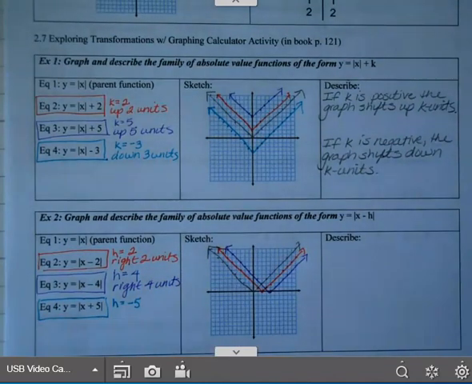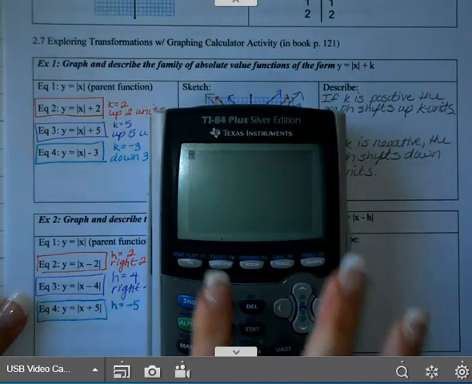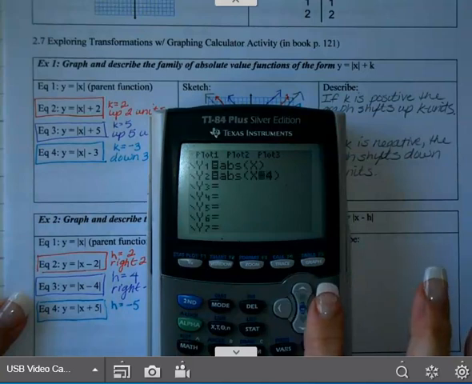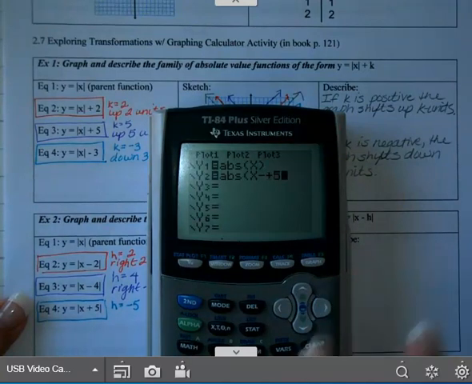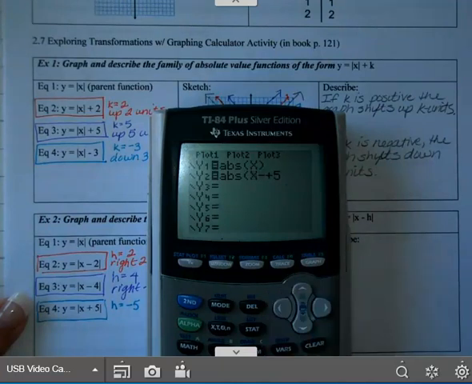And then I'm guessing you can figure out what's going to happen when we plug in H is negative 5. So go back to Y equals, and we're going to change that minus 4 now to a plus 5.